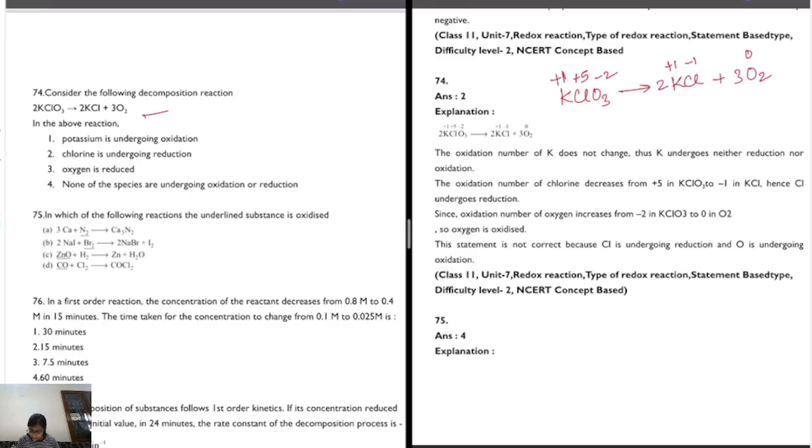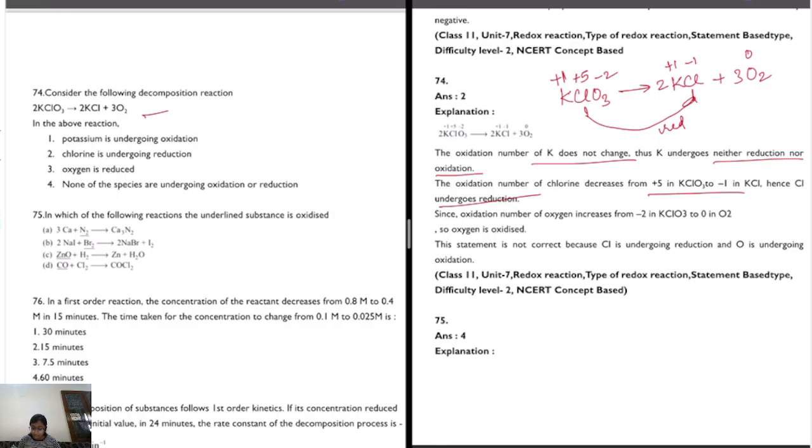Now you see that the oxidation state of potassium is not changing, it is +1. Therefore, it is undergoing neither reduction nor oxidation. And the oxidation state of chlorine changes. Chlorine is undergoing reduction. Okay, so it changes from +5 to -1.